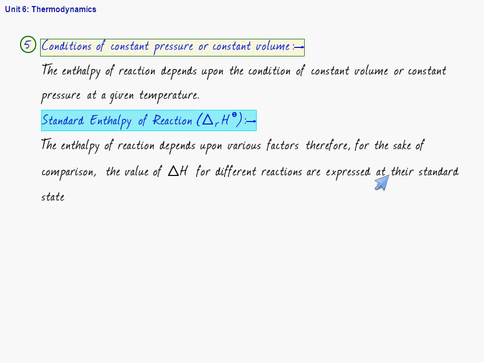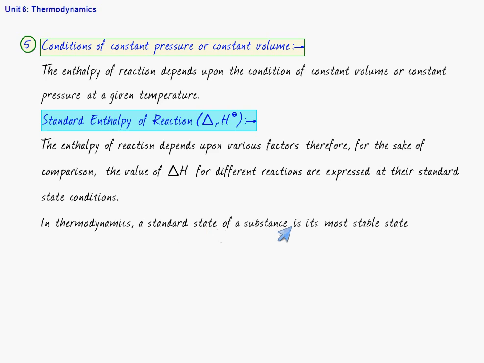In thermodynamics, the standard state of a substance is its most stable state at 1 bar pressure and 298 Kelvin. Please remember this point. This is very important. The standard state in thermodynamics of a substance is its most stable state at 1 bar pressure and 298 Kelvin.